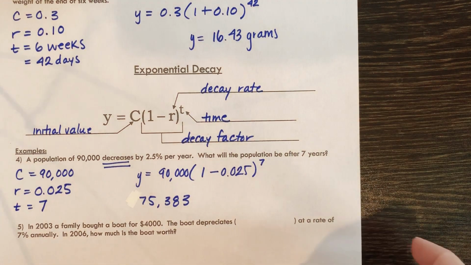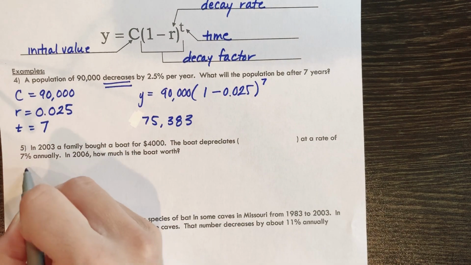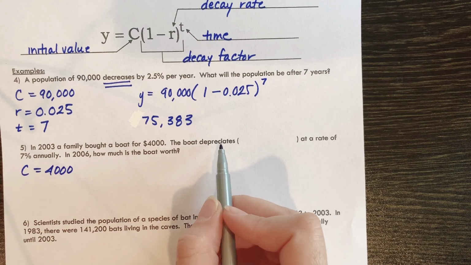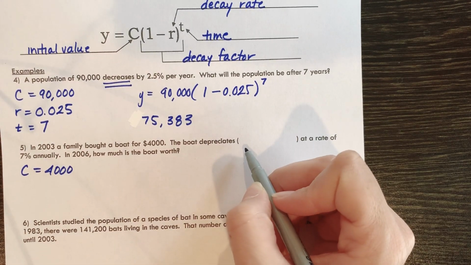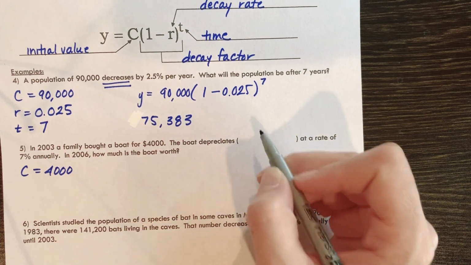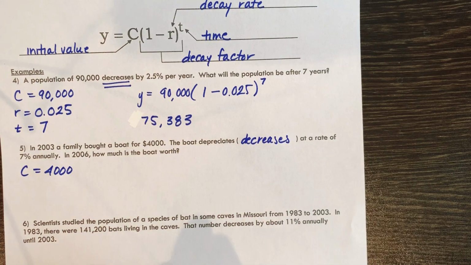Let's try two more decay ones. In 03, a family buys a boat. Initial value of the boat is $4,000. The boat depreciates. I wasn't sure if you knew what that word means. You could probably put two and two together, no pun intended. But depreciates means decreases, right?